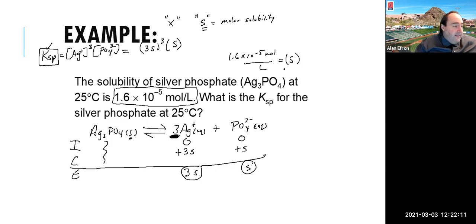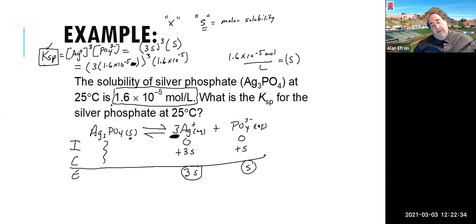So that actually is the S value in this case. So what we could do is just simply go into here, 3 times 1.6 times 10 to the minus 5 molar. And we want to make sure we cube it, and we're going to times it by 1.6 times 10 to the minus 5 as well. Since this is a K, we don't really need the units there.